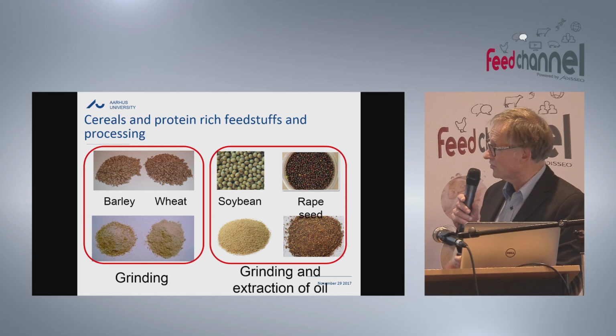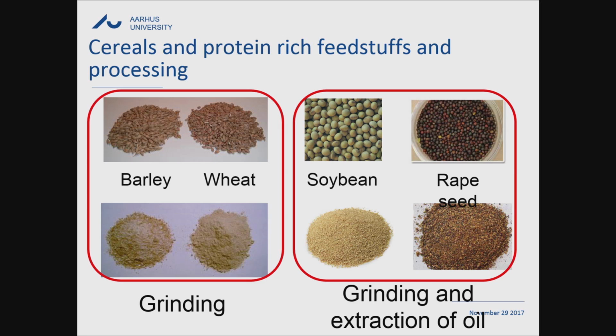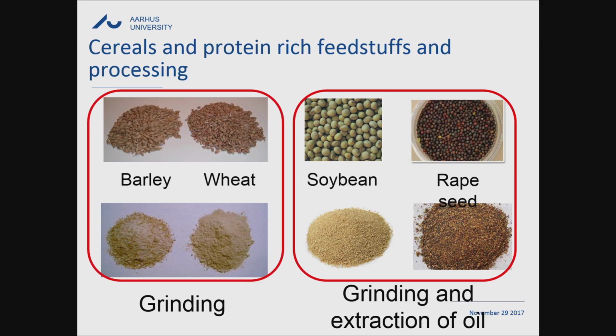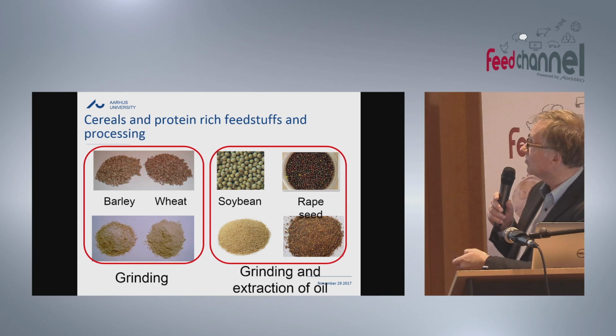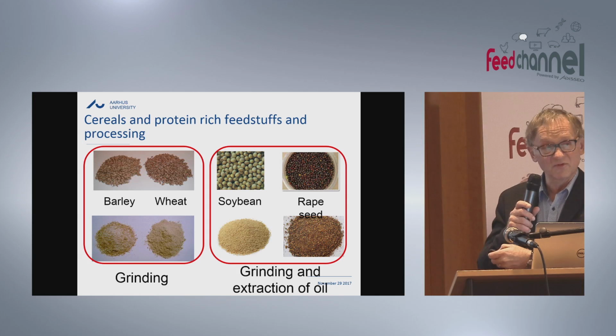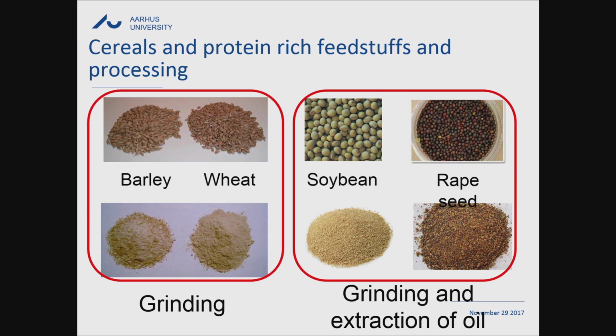But one of the differences we need to keep in mind is that while these are the raw materials for the processing in the feed mills, the protein-rich materials put into the feed mills are typically byproducts or co-products from the oil extraction industries, meaning that many of the protein-rich materials have already been processed before they enter the feed mill.